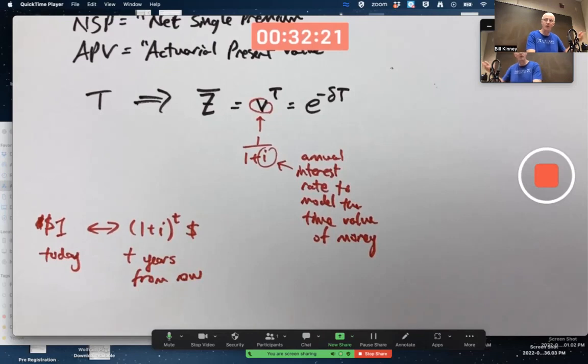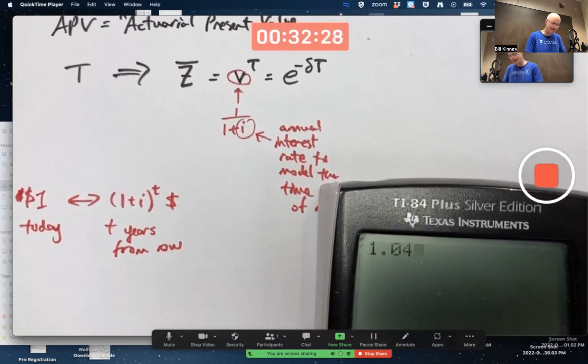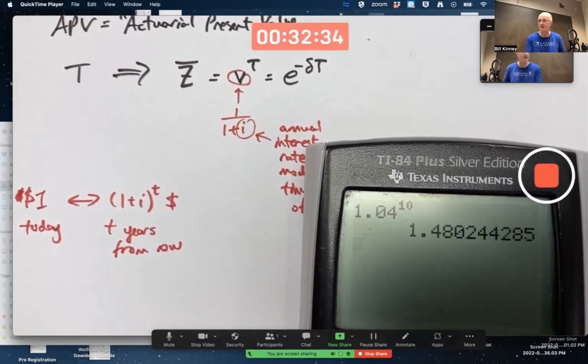And when you're talking more than 1 year from now, like 10 years from now, 1.04 to the 10th power is not 1.4, right? It's bigger than 1.4, a little bit. So $1,000 today is equivalent to, at this 4% annual interest rate, $1,480 10 years from now.